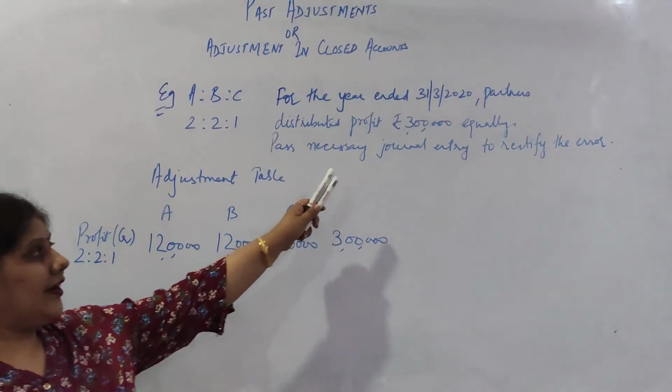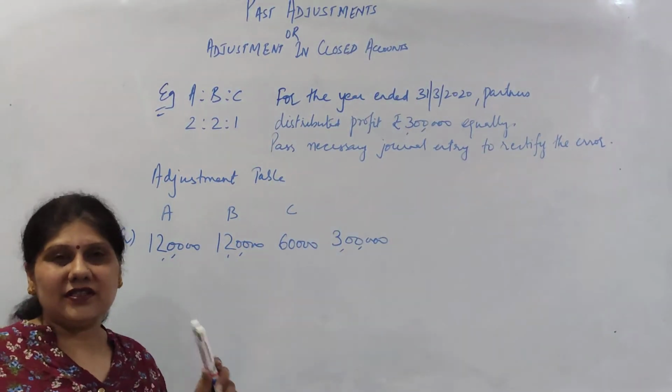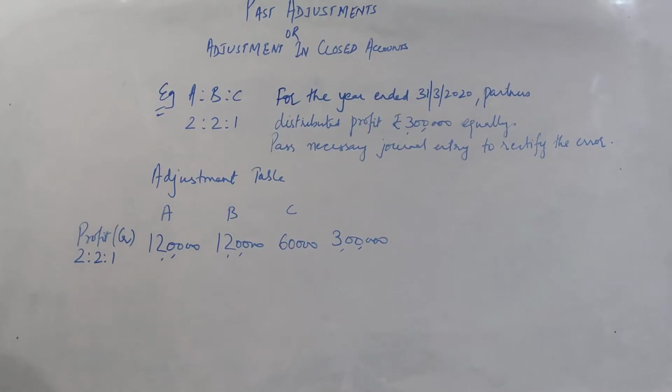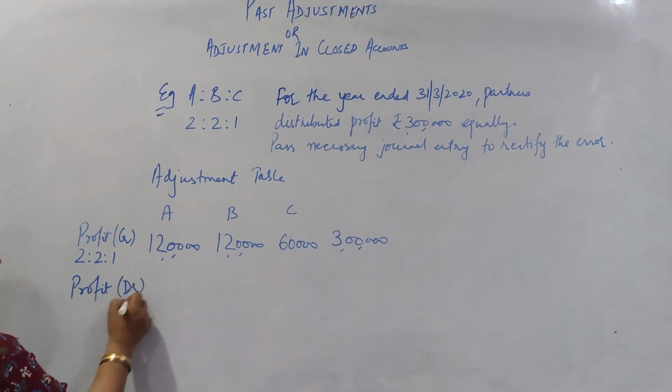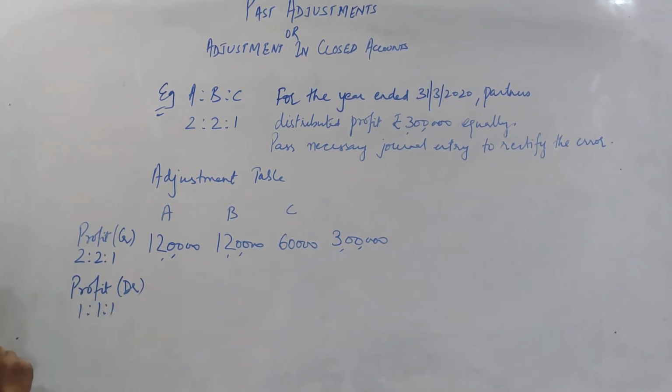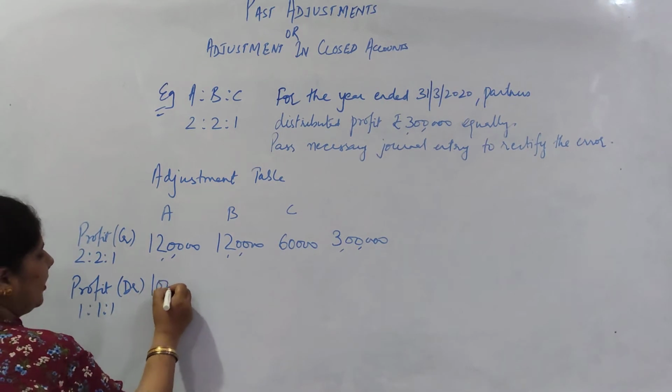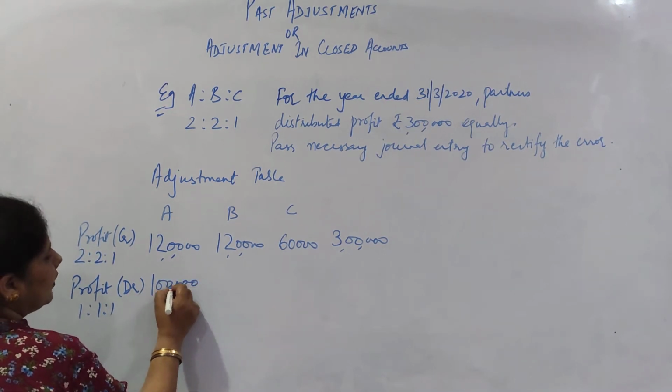We have allowed profit in correct ratio. Now the profit is distributed equally, that means this is wrong ratio. So we will debit profit in partners capital account equally. So the wrong profit which we have given, we will take it back by debiting it. Profit debit in wrong ratio, that is 1:1:1. So amount debited will be 1 lakh to each partner.